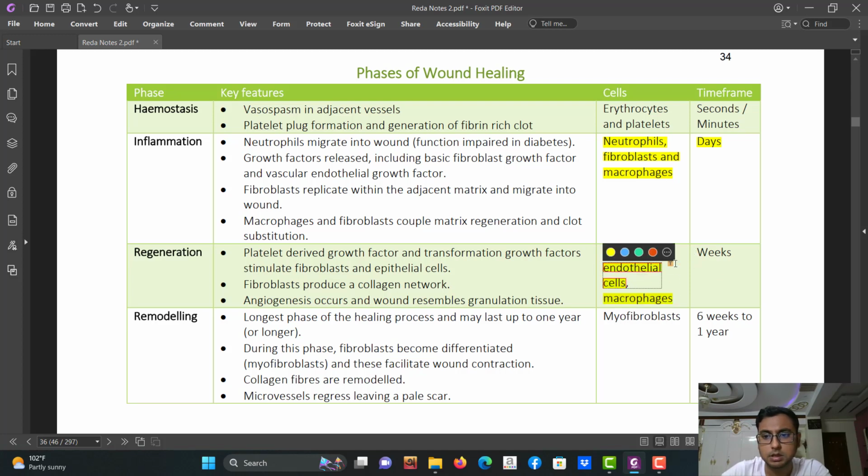These cellular organisms are present within weeks from the time of the wound.